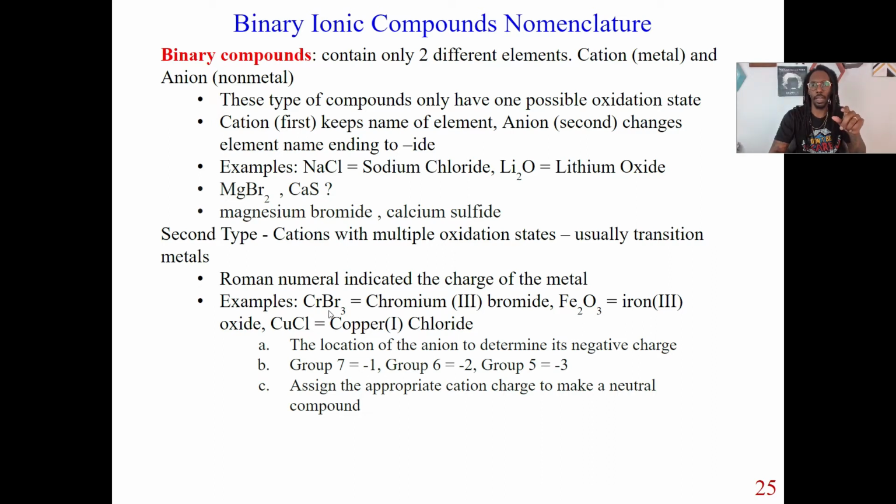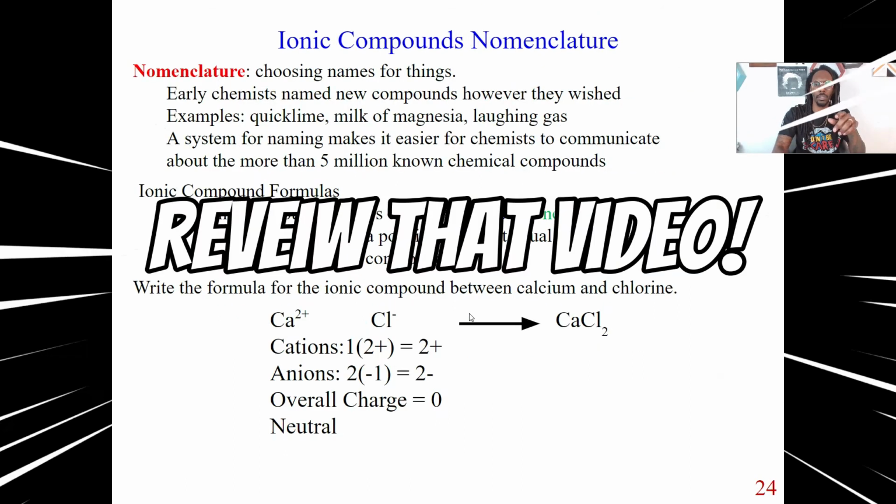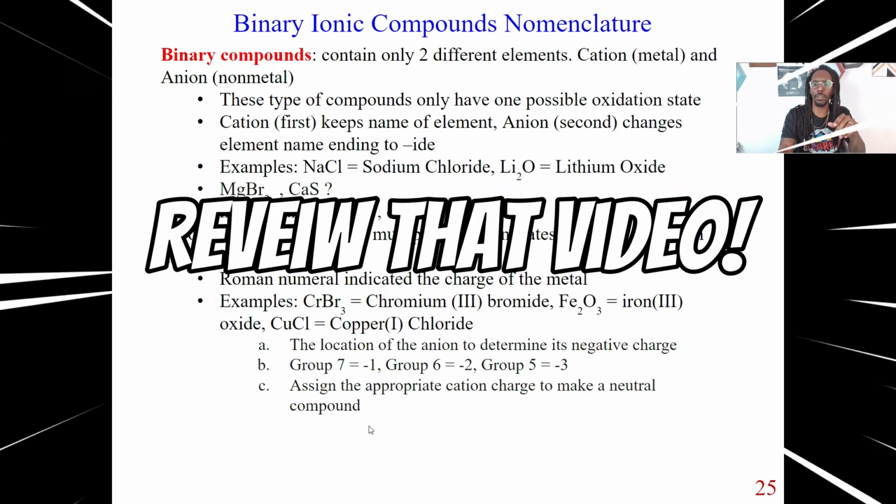I know that this is an ionic compound now. With it being CrBr3, chromium is our metal, so that's going to stay the same here. Bromine is our non-metal, so we're going to change that to bromide, which we see here. But here's the thing we want to pay attention to, and this is going to be very critical for this part.